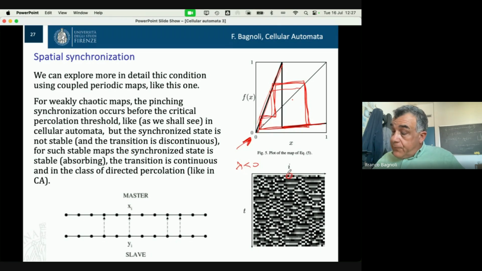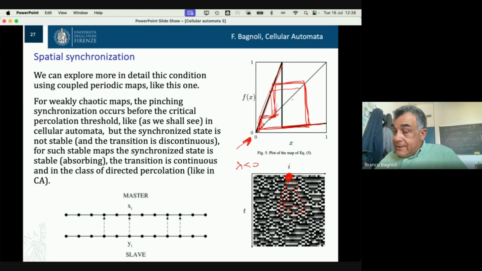But if you make a finite perturbation, an infinitesimal perturbation is reabsorbed, essentially because they are periodic maps. So if you perform a small modification, they come back to the same cycle. But if you make a large enough perturbation so that it changes, in some sense, the phase of this limit cycle, this can spread to all the lattice.